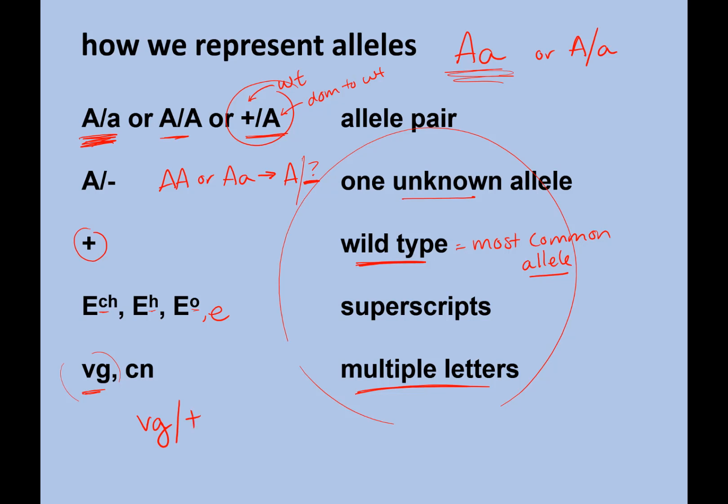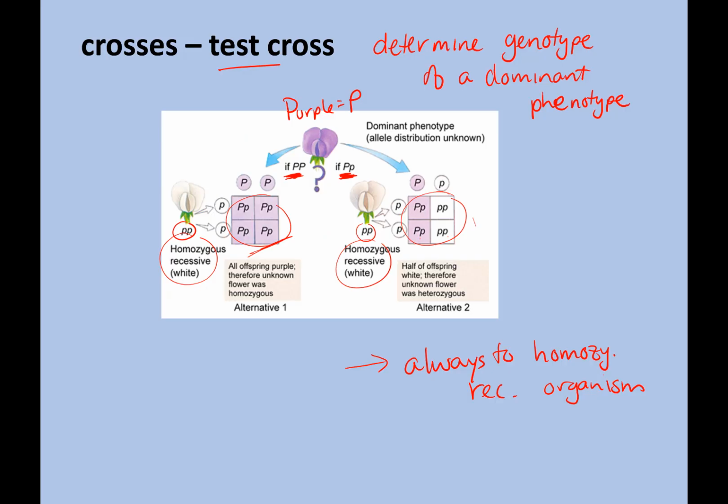So this organism would have the wild type allele and the gene allele for wing type. Just keep this in mind as we get more complicated genetics problems. This doesn't mean it's two different genes. And that's something I totally forgot to mention when we were talking about assigning alleles.